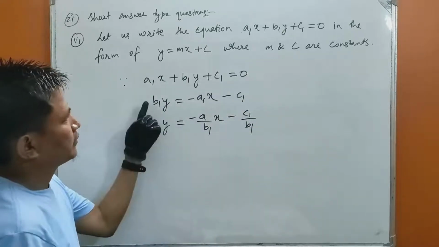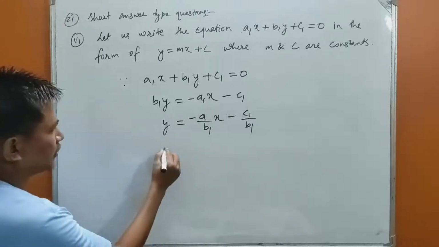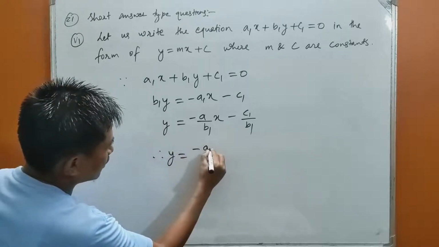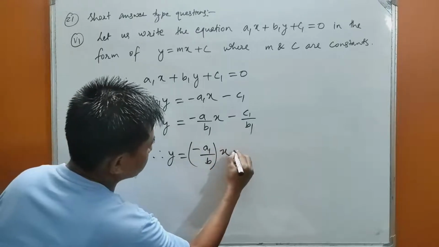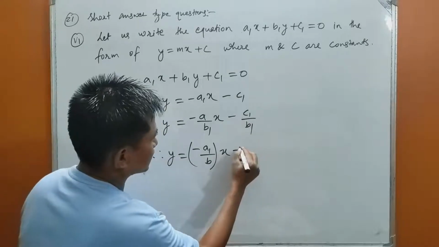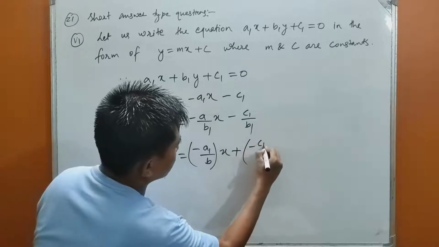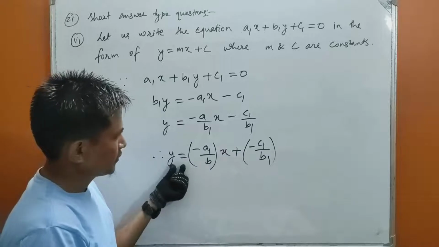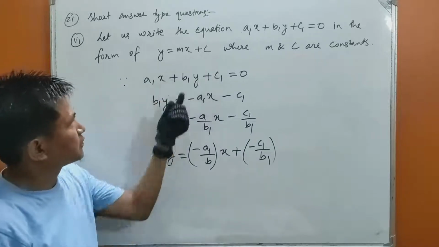This b1 will be cross multiplied, isn't it? This b1 will go to the denominator. Okay, so therefore y equals minus a1 upon b1 whole x minus c1 by b1, because we are asked to write in the form of y equals mx plus c, isn't it?